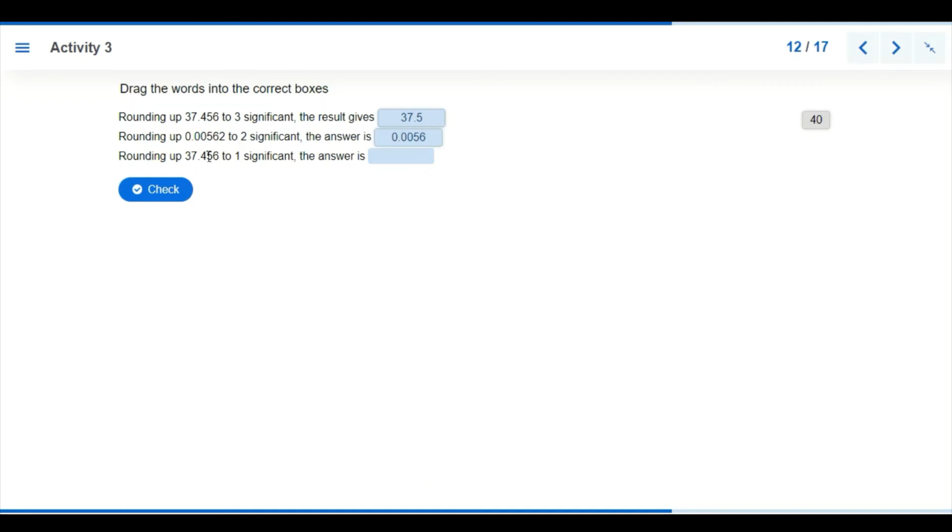So by the time we round 5 up, it gives 1, and this makes 8. We are dealing with one significant figure, so we need a significant value that is just 1. So this 8 again, we have to round up, and that makes 40. So we can drag this and let's check. Which is cool. I think you are right.